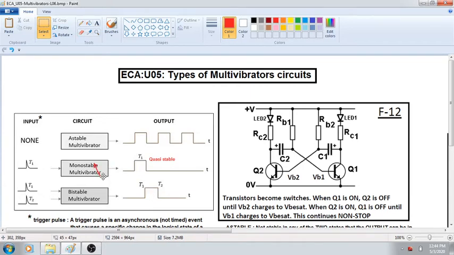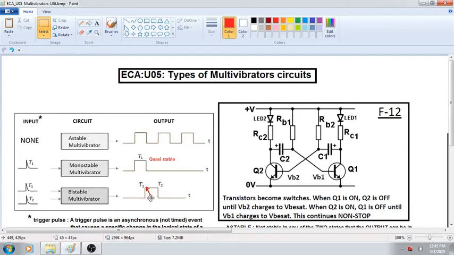Just like in the monostable multivibrator, we give a trigger pulse. Let us assume that we are giving a trigger pulse T1. When we give trigger pulse T1, from the low state it will go to the high state.